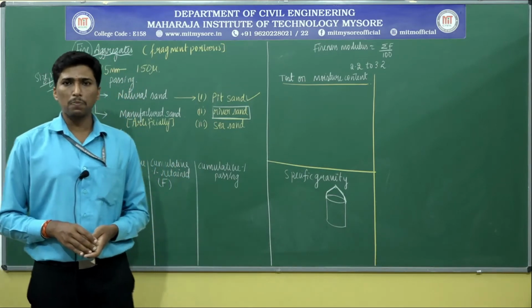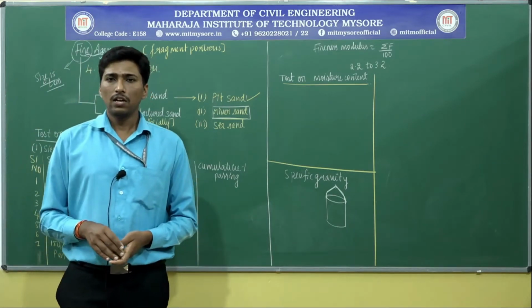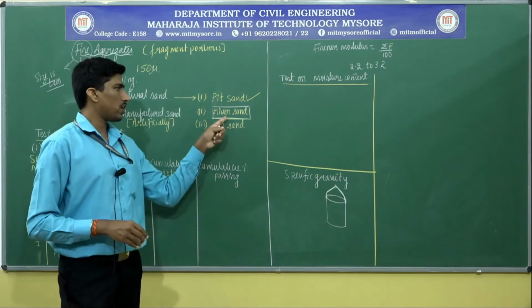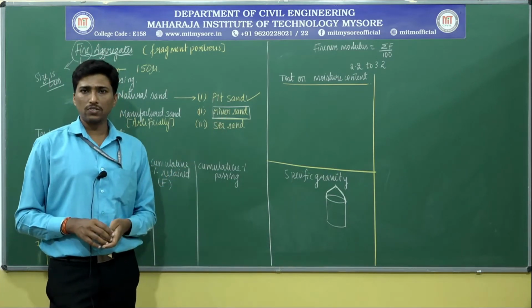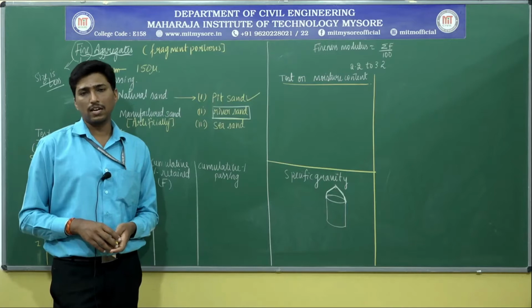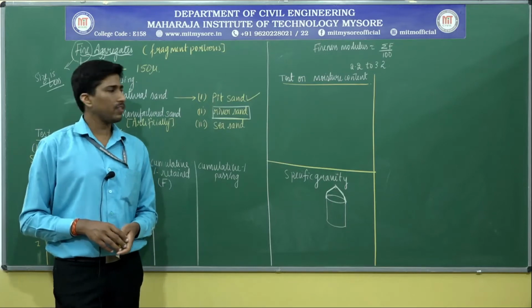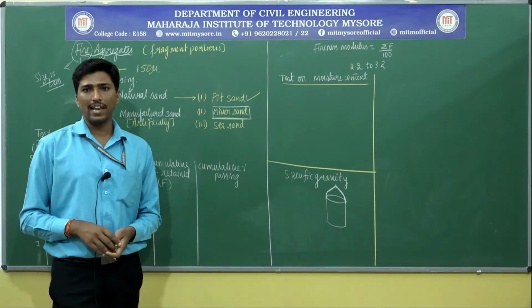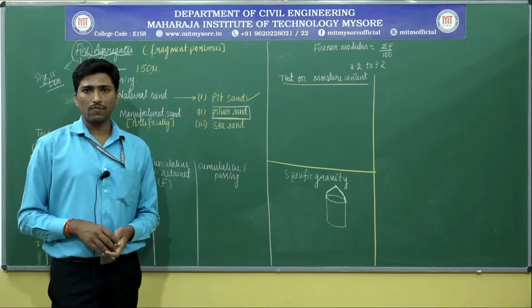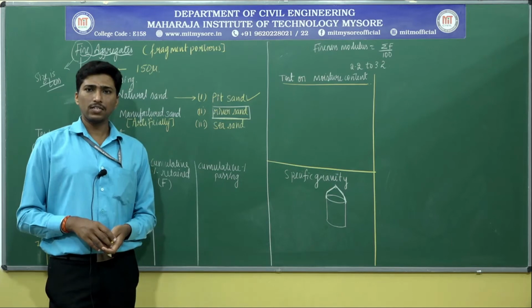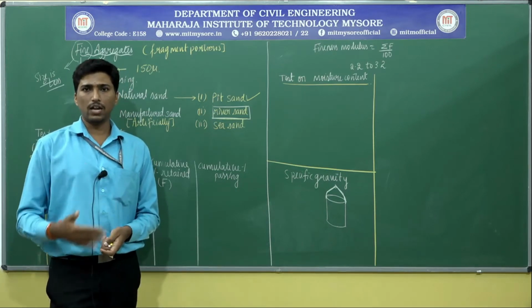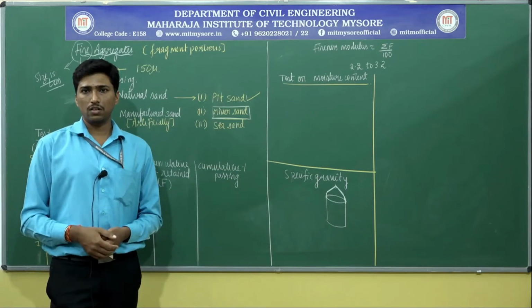But in today's perspective, due to the exploitation of the natural resources available near the banks of the rivers, it has literally been degraded. Thereby, the demand is more and the supply is less. If you go back a decade, it was available, but later on it started to decrease. It is not renewable.